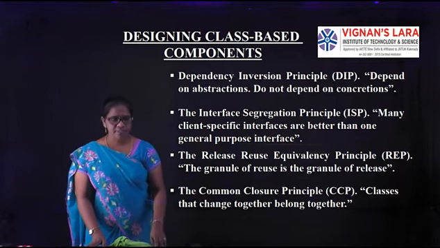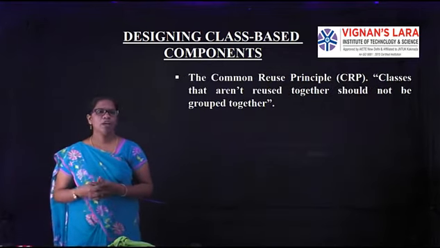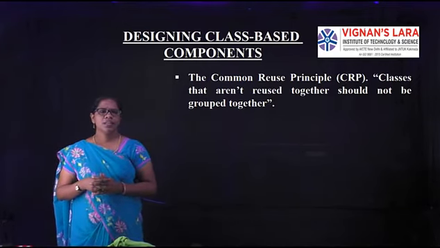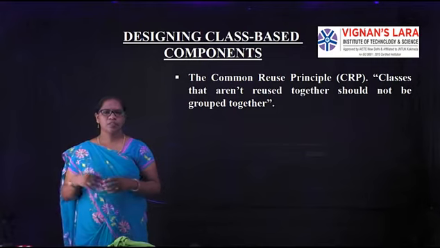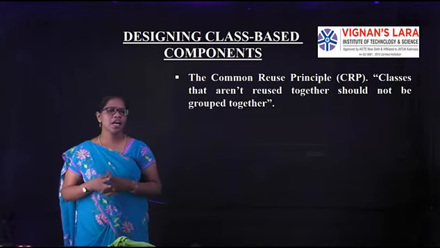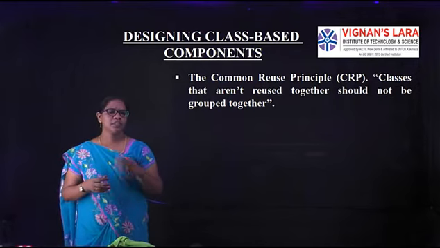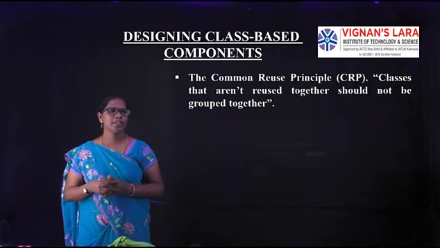And the last point is the Common Reuse Principle, CRP. The previous one was CCP, this is CRP. So what is this CRP? The classes that are not used together should not be grouped together.